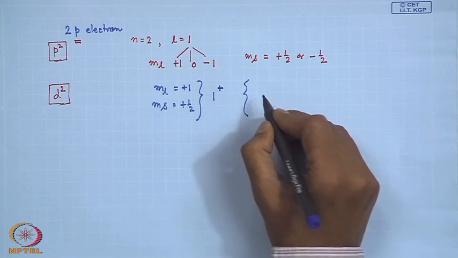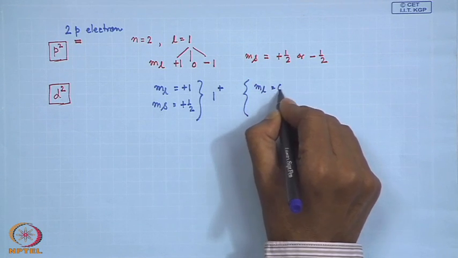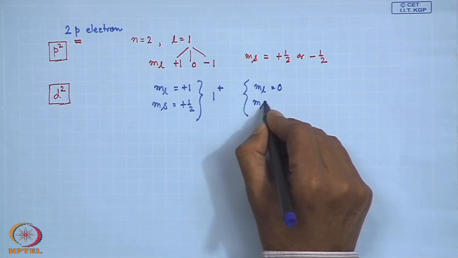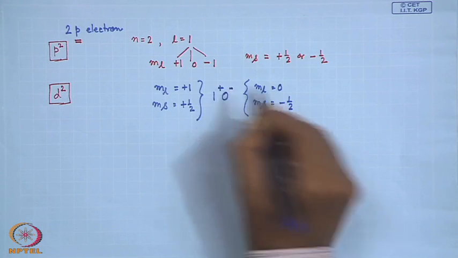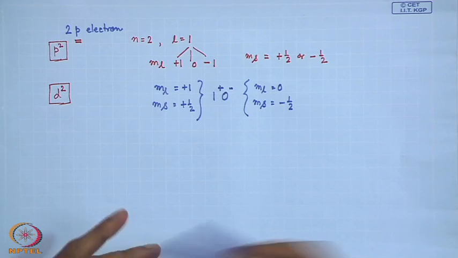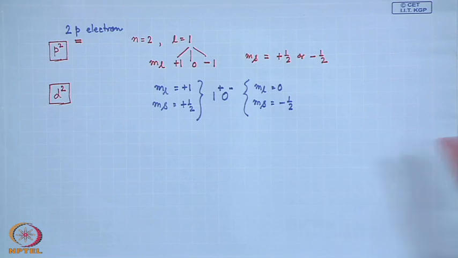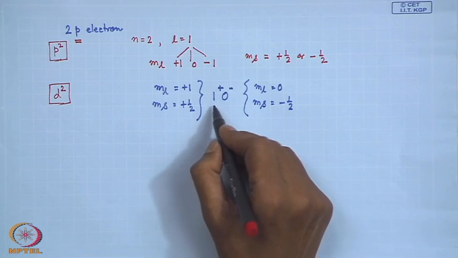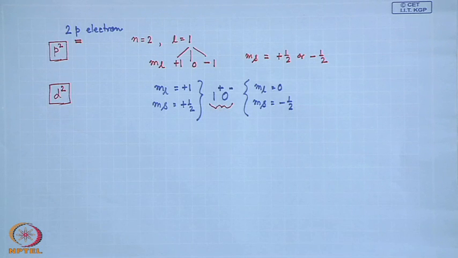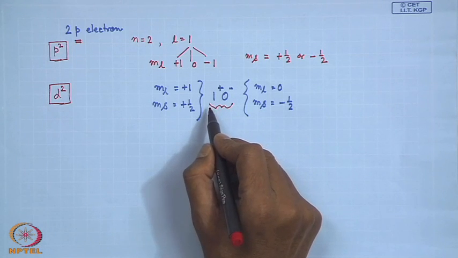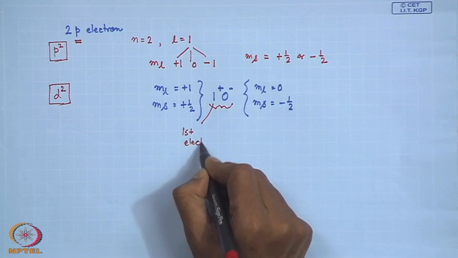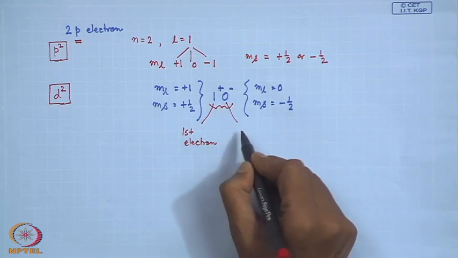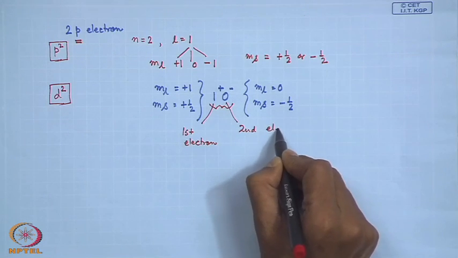Similarly, for the second electron, if we take ML equal to 0 and MS equal to minus half, we will have 0 minus. So, this is a state where the 2 electrons can be classified by this abbreviated labeling, 1 plus 0 minus, where the first label is for the first electron and the second is for the second electron.